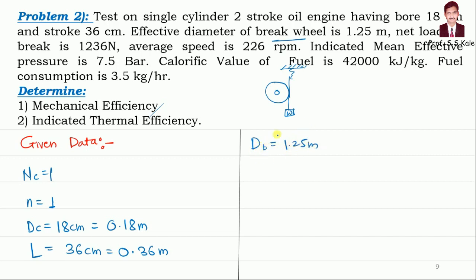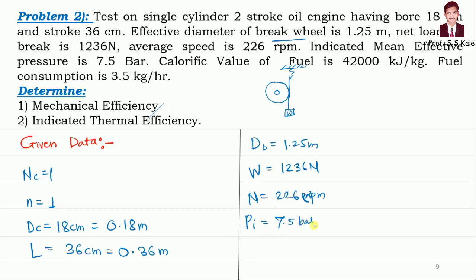dB means the brake diameter. Net load on the brake, the load we denote by W, is 1236 Newton. The speed of the engine is also given to you, 226 RPM. Indicated mean effective pressure, which is called PI, is 7.5 bar.